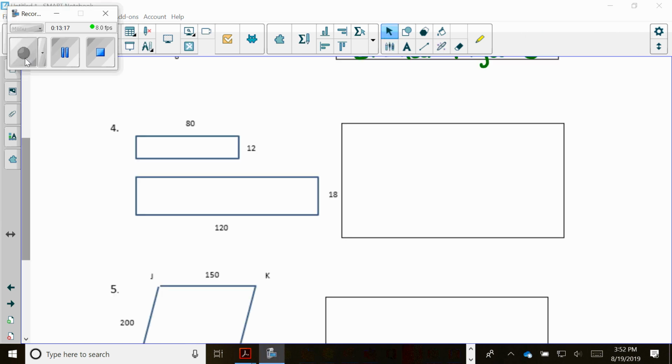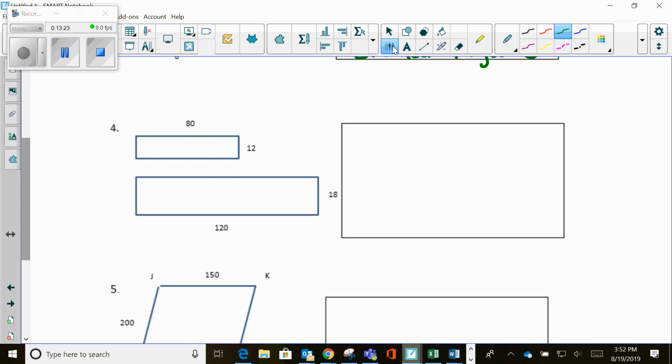Okay, our next example is number 4. This time we don't have letters, but we need to make sure that we write the ratios the same. So we have two rectangles, and I want to determine if these two rectangles are similar. So I'm going to write a ratio for the smaller rectangle. The 80 side, the longer side, divided by the shorter side.